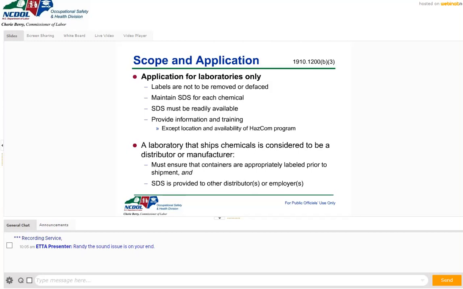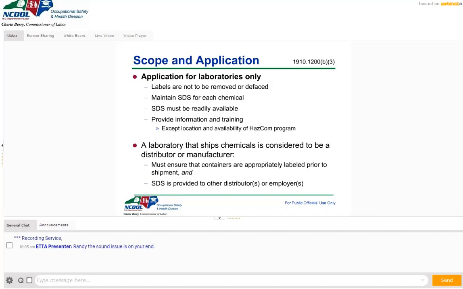And that's 1450 in the standard, I believe, 1910, and let me make sure I verify that. That's 1910.1450, and it's called Occupational Exposure to Hazardous Chemicals in Laboratories.